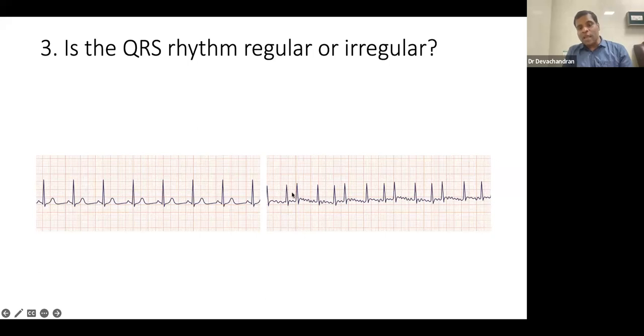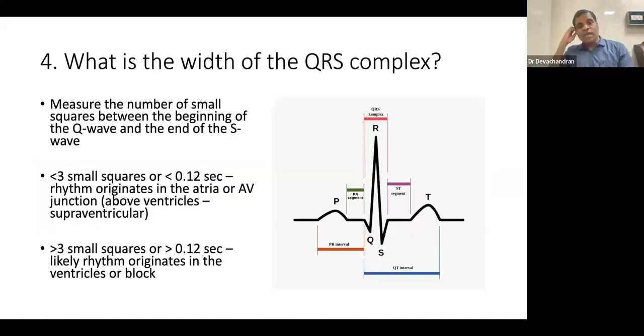Whereas here you have 2.5 boxes, 1 box, and then 3 boxes, 2 boxes, 1 box, 2.5 boxes. So this is clearly irregular. The 5 mm squares between the two R waves are clearly irregular on this side, whereas it is regular on this side. That's question number 3. So let's move on to question 4.